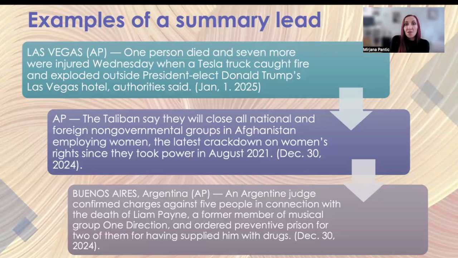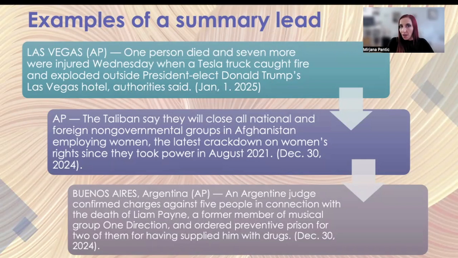We don't know if this was an accident or if somebody set fire. Why did this happen? We know how these people died, so they died because after the truck caught fire, but why? This is the answer that we will learn later.